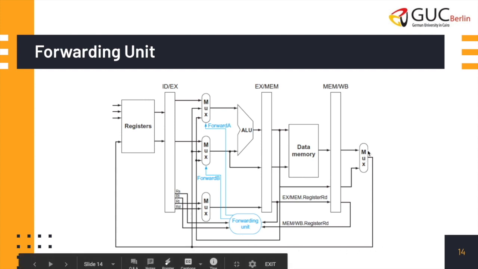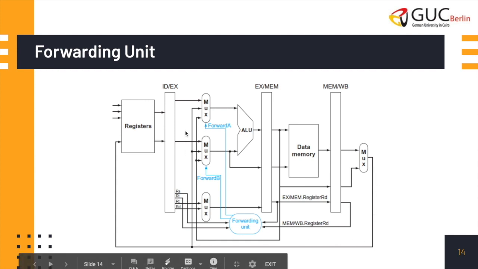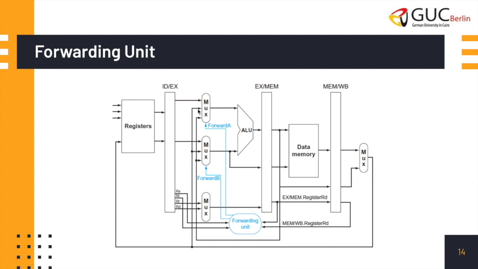Okay? Now, the second input to the multiplexer, if we trace this line, we will find out that it is coming from this multiplexer. And as you can see, this multiplexer gets its values or selections, whether it will select the result coming from the data memory if it was a load instruction, or the earlier ALU result of this instruction. Therefore, the second input to the multiplexer, which will choose one of the three inputs, is coming from what?